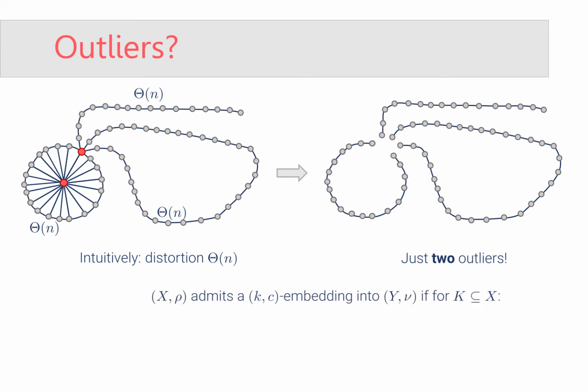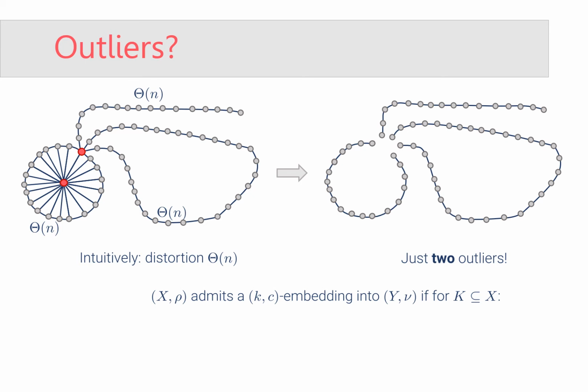Let me formally state what it means for a metric space to admit a (K, C) embedding into some other metric space. K and C are integers. K represents the number of outliers and C represents the distortion. We would like to think about K and C as being at most sublinear in the number of vertices in our graph, or in the number of points in our metric space.